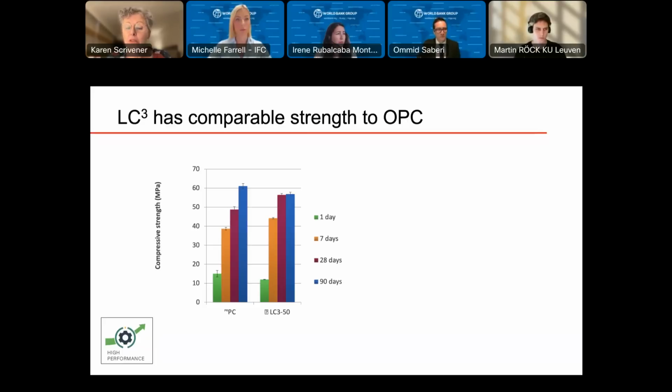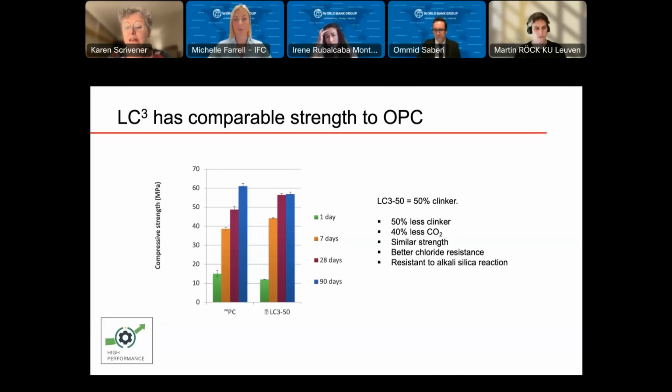And with this combination, we can have comparable strength to ordinary Portland cement. This can be used throughout the whole range of materials. So we have 50% less clinker, up to 40% less CO2, similar strength, better chloride resistance, better resistance to alkali silica reaction, etc.